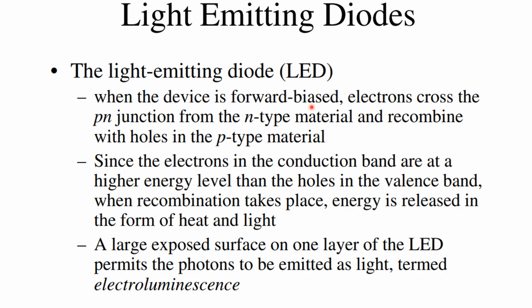So for fabrication of LEDs, only materials like gallium arsenide and gallium phosphide are used for making the N-type and P-type materials.